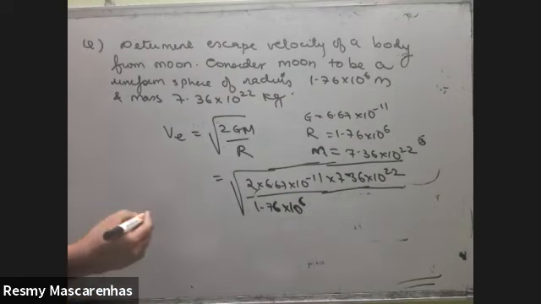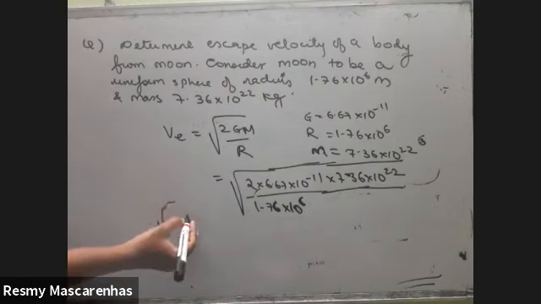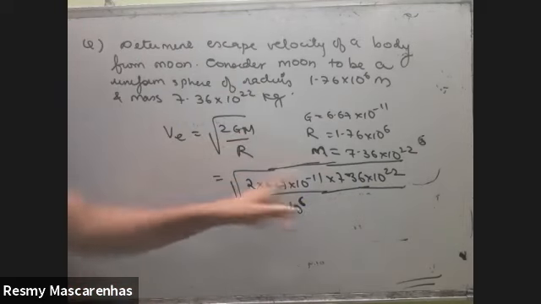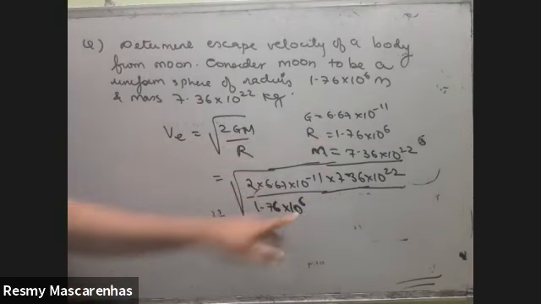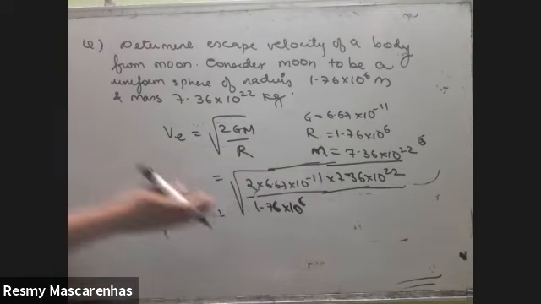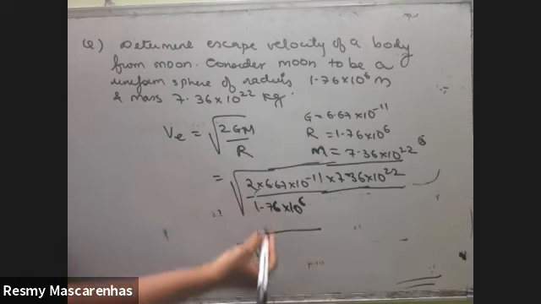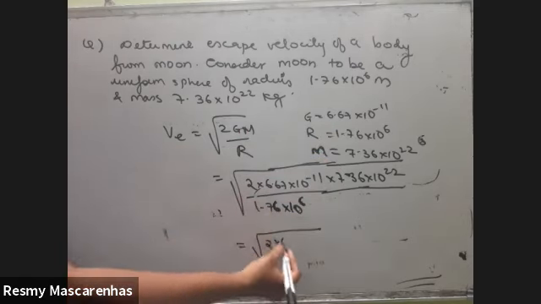So much of a negative number was coming, it can't be so small. Minus 22 was turning out to be. G is this, M is this, R is this. Now you can shift. Now it's correct.